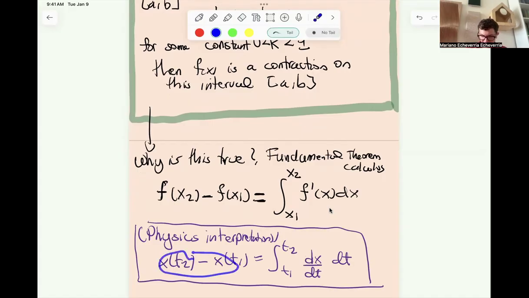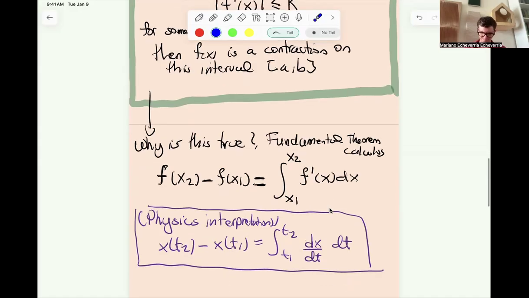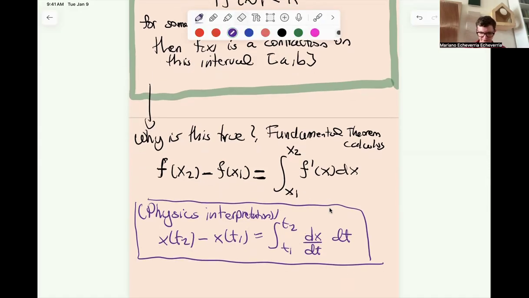What is x of t2 minus x of t1? That would be the change of position, right? So what this formula is saying is that to find the change in position over a certain amount of time, you just integrate the velocity. I'm saying velocity vector, but this is in one dimension. Is that reasonable? Is that plausible? Just double checking.